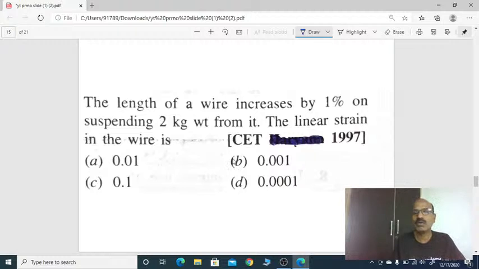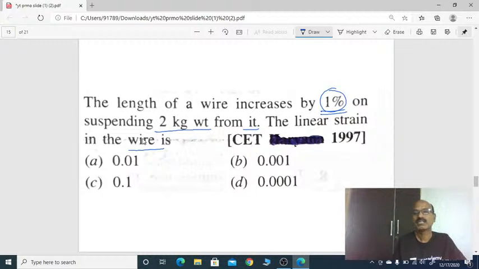The length of the wire increased by 1% on suspending a 2 kg weight from it. The linear strain in the wire is? Question, try to understand. The length of the wire increased by 1% on suspending a 2 kg weight from it.